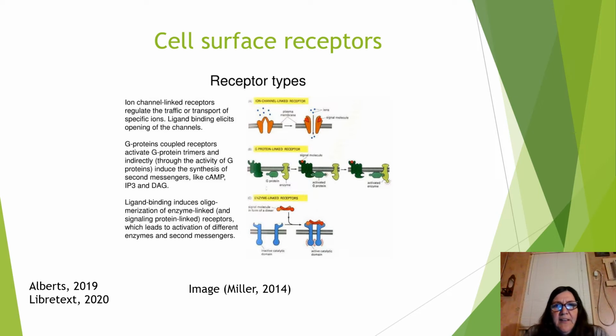This type of pathway consists of an intrinsic enzyme in the cytoplasm or is coupled with an enzyme. There are 2 binding sites in this type of pathway. One is on the outside of the cell, and the other is on the inside of the cell. And this picture just kind of shows you the 3 different kinds of receptor types.